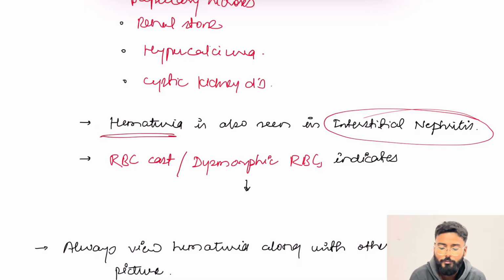So we are just going to see that in this video. In the next video we are going to see the particular diseases and discuss them properly. Here we are just having a rough idea about it.